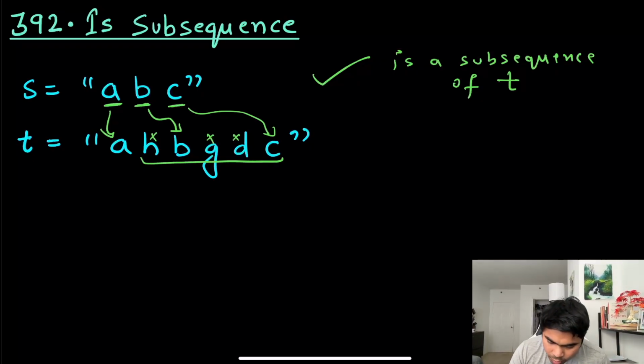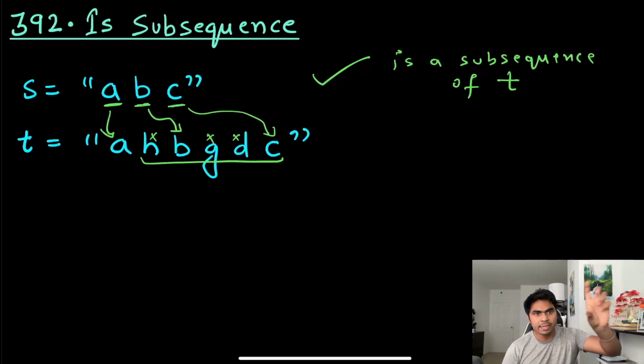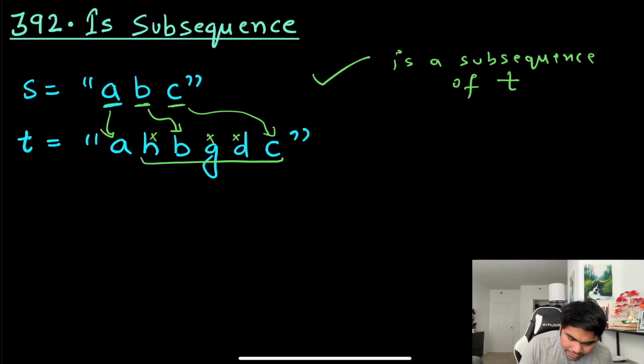So how do we check it? What would be the best approach? Well, you can just simply have two for loops, or maybe not two for loops, just one for loop and then one while loop, where you just iterate over all the characters of s, and one by one you maintain an index variable where let's say you're checking this ith character.